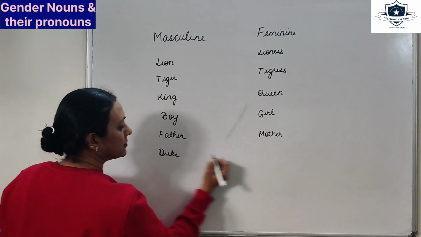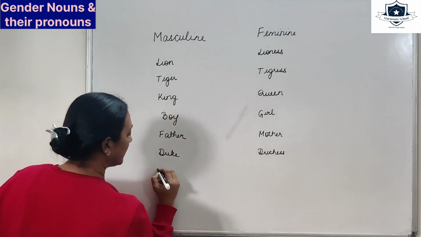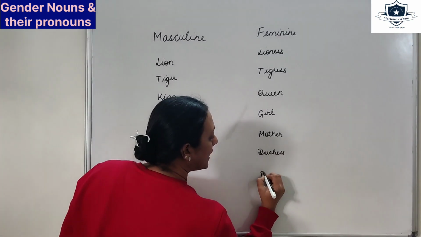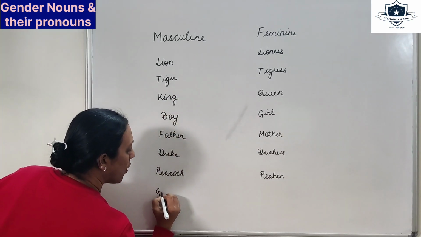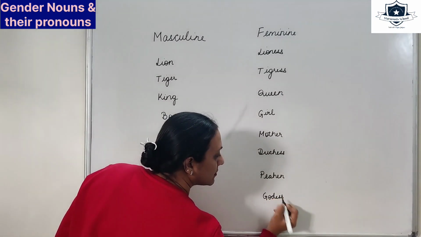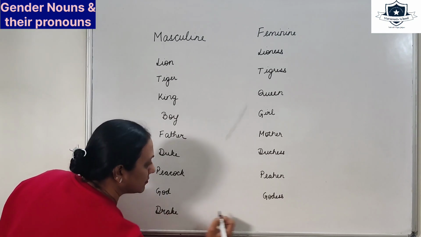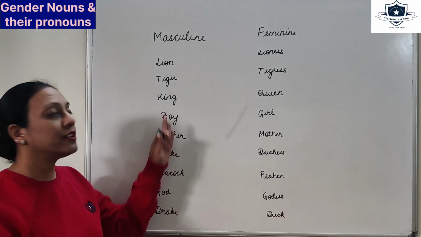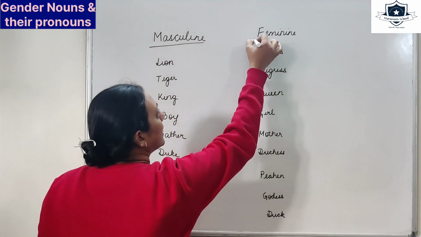Duke, duchess. Peacock, peahen. God, goddess. Drake, duck. So these are few nouns where we can understand which is a masculine noun and which is a feminine noun.